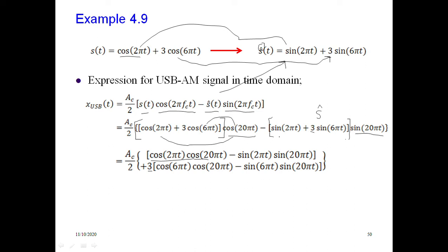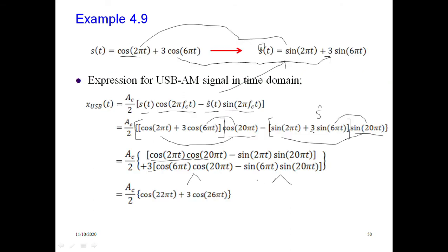Sine with sine, and sine with this one. From here it will get cos plus cos, and here using the formula, you can check. And then also this one cos and cos, and here also you have to check sine multiplied by sine.